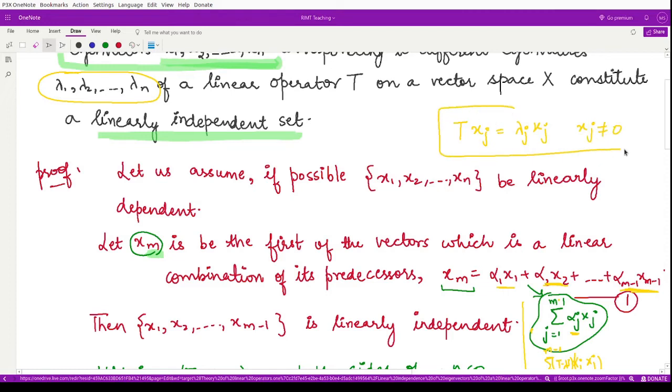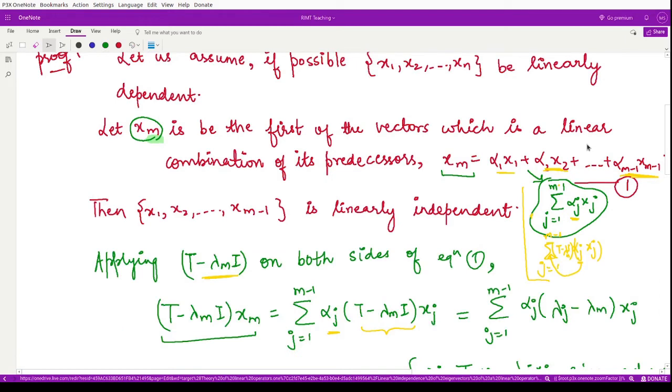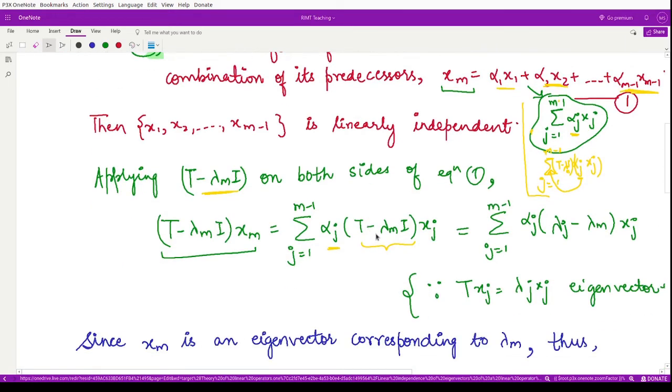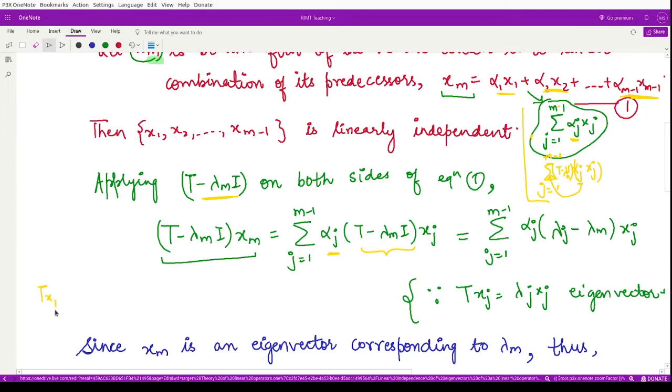That is the definition for eigenvalues and eigenvectors. Here lambda j represents the eigenvalue and xj represents the eigenvector, which should not be equal to 0. So using this definition, you may replace T xj by lambda j xj over here, according to the definition for eigenvector.